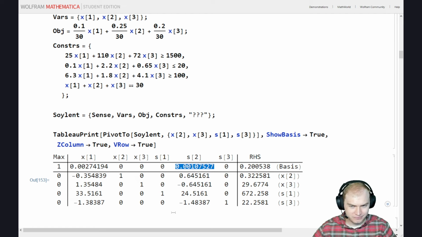So this points out something really spectacular, I think. And that's the tableau encodes both the primal and the dual in one compact table and with relatively simple operations.